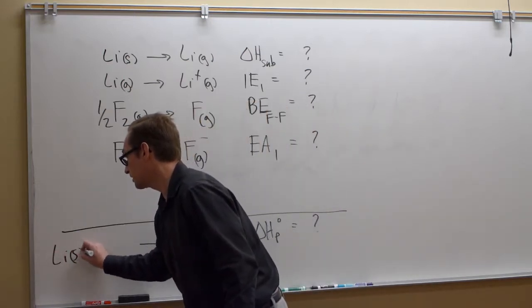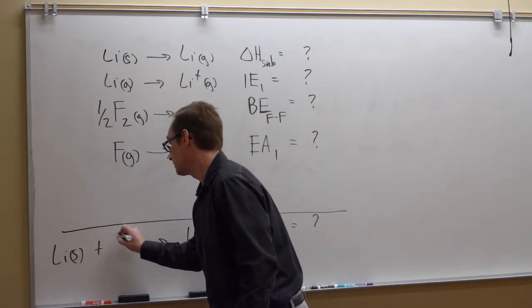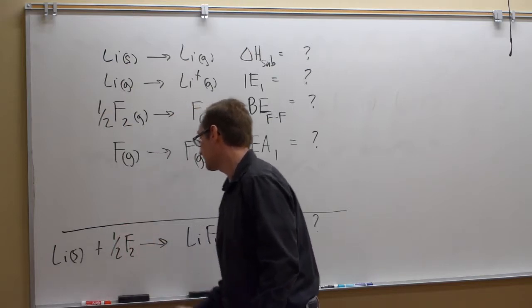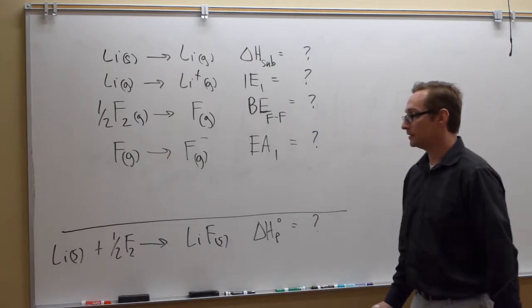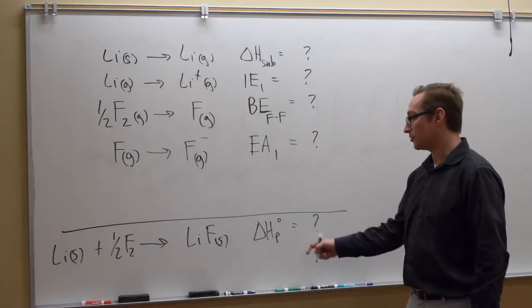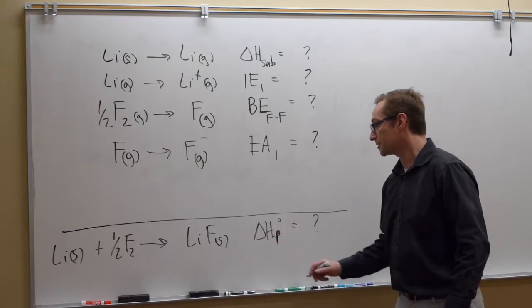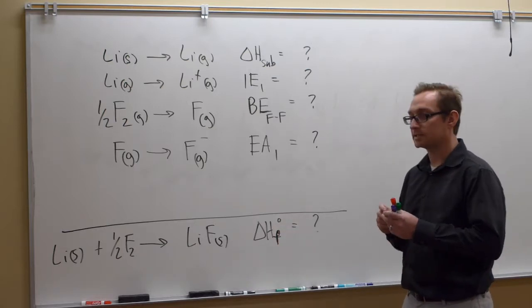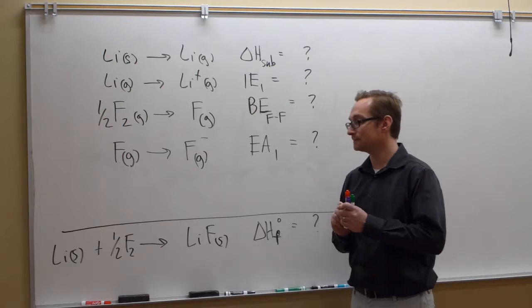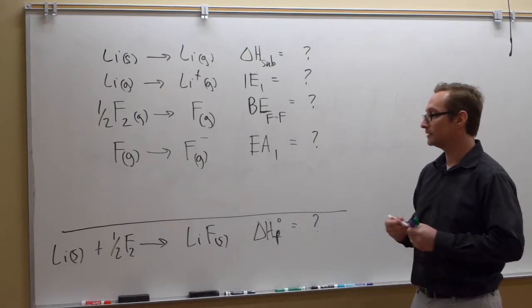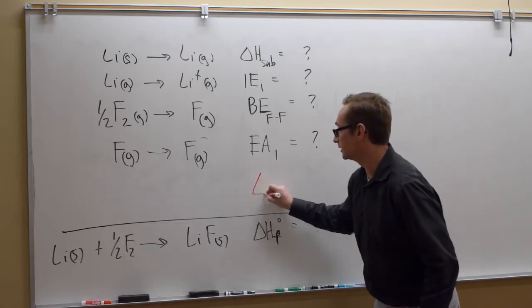The standard form of lithium, lithium solid, plus 1/2 of the F2. So again, going back to formation reactions, it's the enthalpy associated with forming 1 mole of a substance from its standard elements. And then what's the last thing? Yeah, lattice energy.